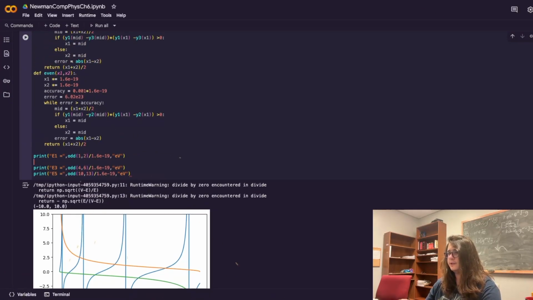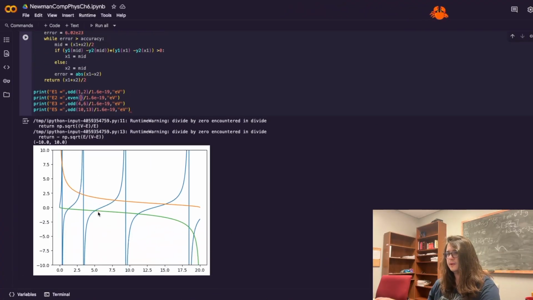Now I can do the even numbered solutions. So E2 equals even, and then I'm going to divide the solution by 1.6e-19 and give it the units of EV. But where do I think the first even solution is going to be?